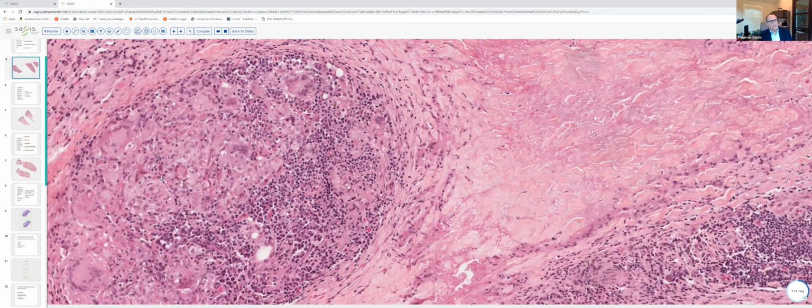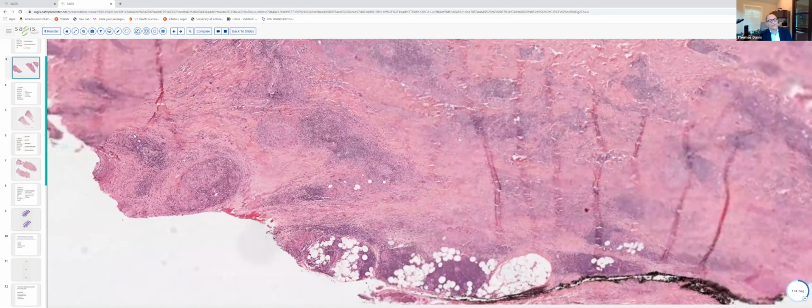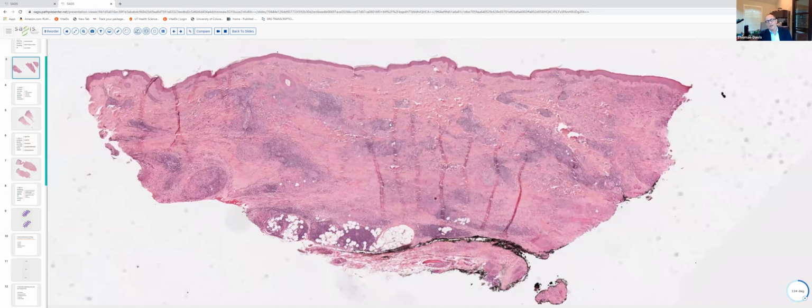So in this particular entity, the degree of lipidization can vary. And again, note that there's no intervening areas of normal collagen. And this appearance should really make you think of necrobiotic xanthogranuloma. The key differential, of course, is necrobiosis lipoidica. In necrobiosis lipoidica, the infiltrate is usually not quite as robust.